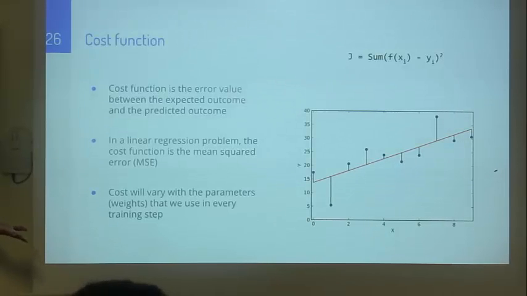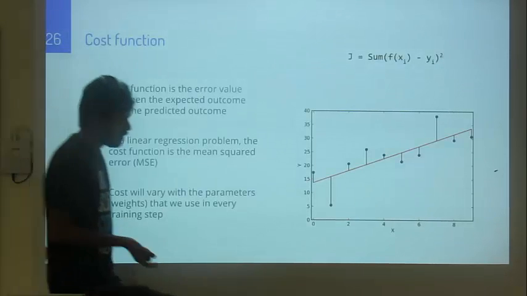In a linear regression problem, the cost function is the mean squared error. The cost function varies with the parameters. What are the parameters? M and C. Those are the weights that we give. So we change M and C to get the best line that minimizes our cost.